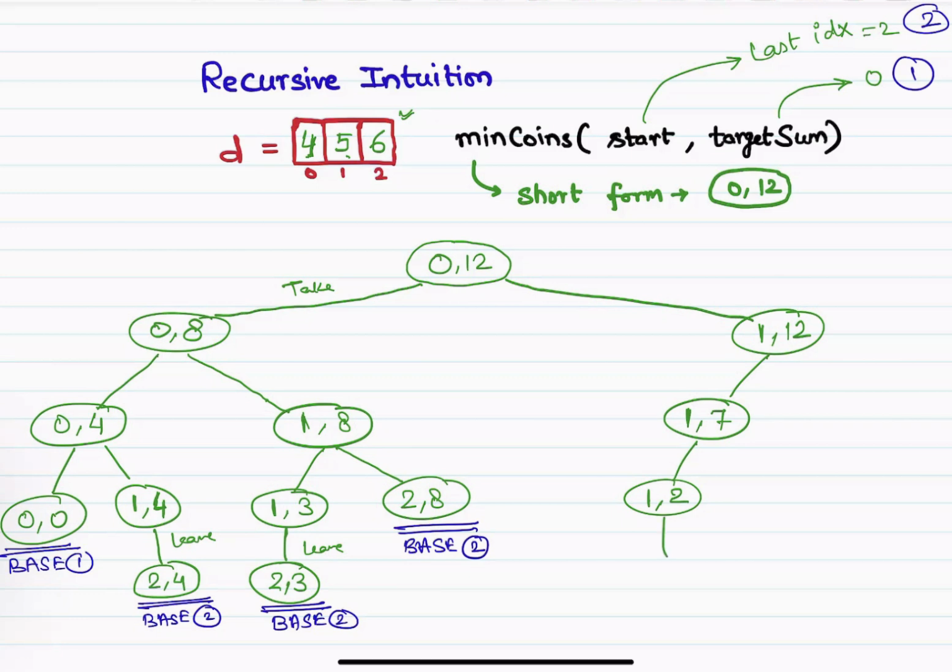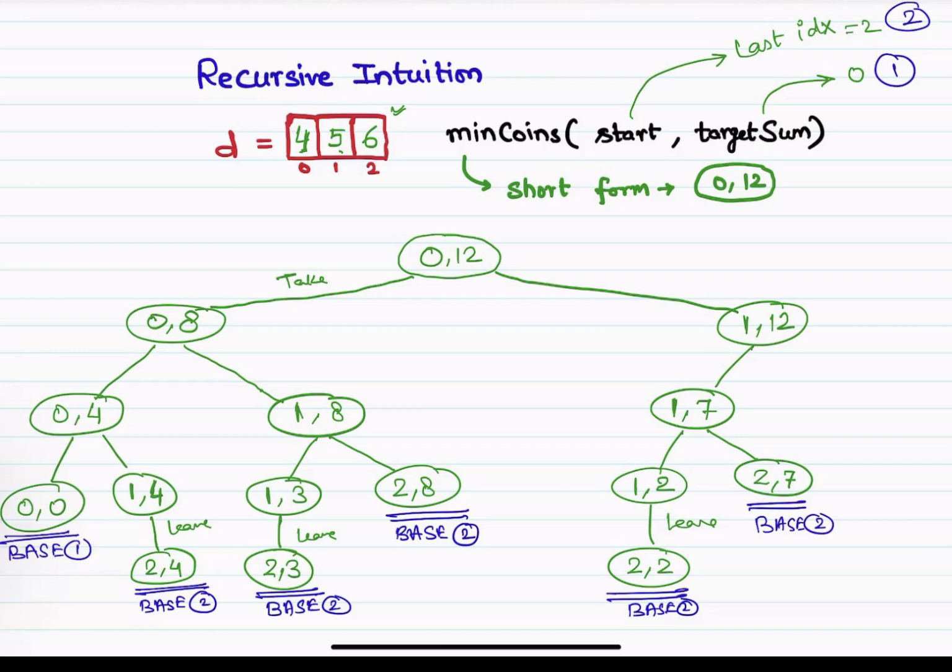So the only option we have here is to leave it. And if we decide to leave, we reach index 2 with a target sum of 2. So again, we are hitting base case 2. Coming back to 1, 7, if we would have decided to leave index 1, we would be going to index 2 and we would be looking for sum 7. This is again our base case 2. Now going to 1, 12, if we decide to leave index 1, we land at index 2 and we are looking for a sum of 12. And this is again a base case 2.